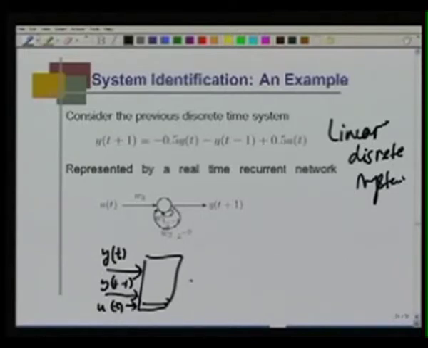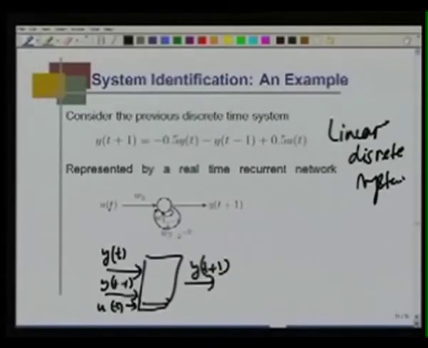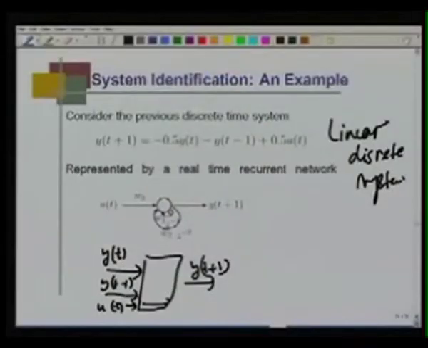So you have 3 inputs and the output is yt plus 1. In contrast, the recurrent network is a memory network because it has its own internal memory, and ut is the input and yt plus 1 is the output. Here the first one is a single delay and the second one is a double delay.